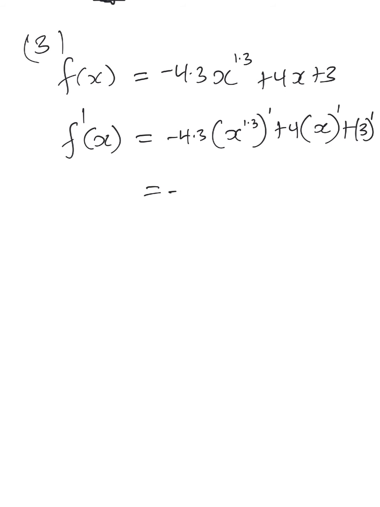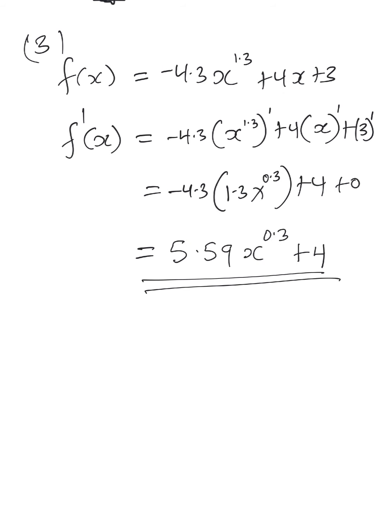And this is minus 4.3 times 1.3 x to the power 1.3 minus 1, which is 0.3, plus 4. The derivative of x is 1, then plus 0. So this is all about multiplying 4.3 by 1.3, and then we have the answer.